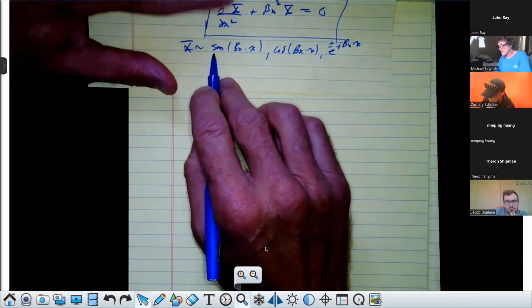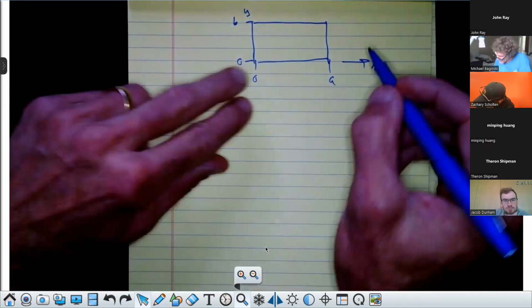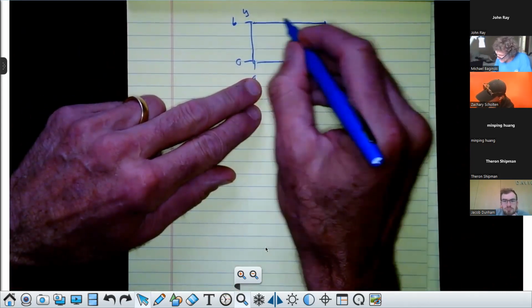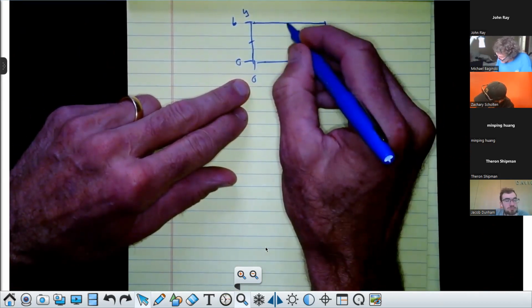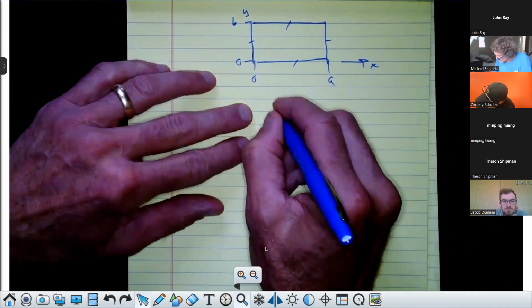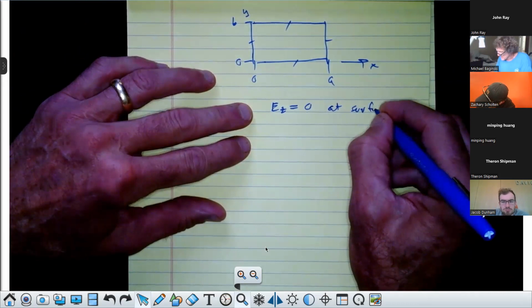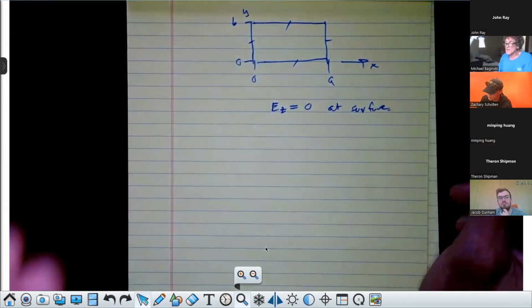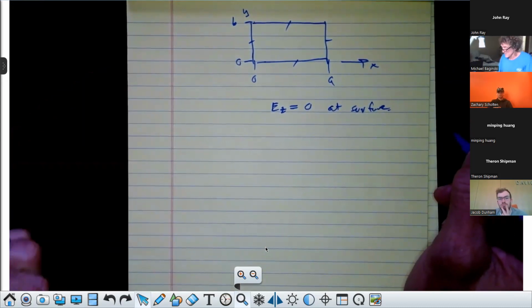I know one thing: the value of EZ, because it's parallel to these boundaries, has to be 0 on all these surfaces. EZ has to go to 0 at the surface of a conductor. Do y'all follow me on that? That's just the rule. All right.